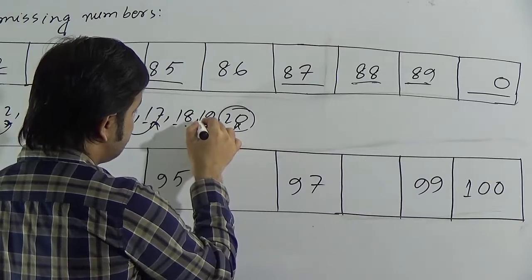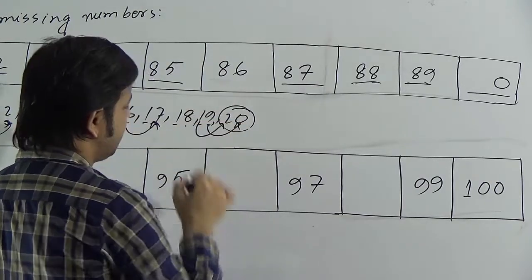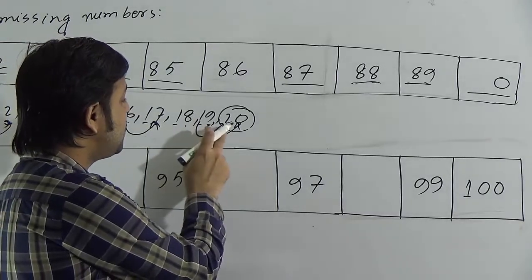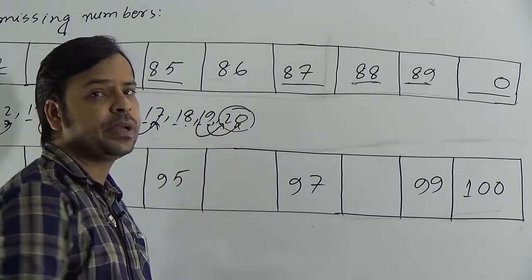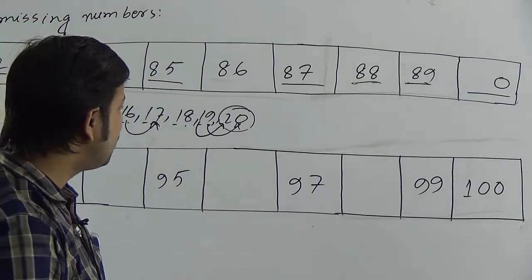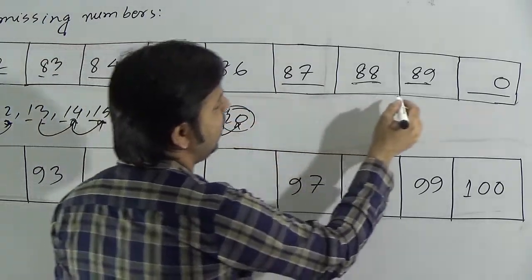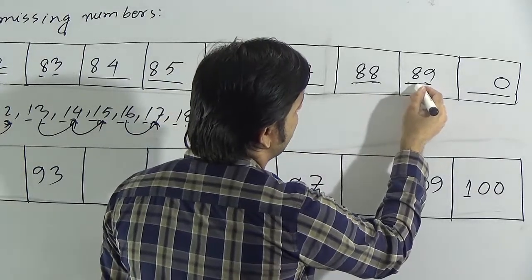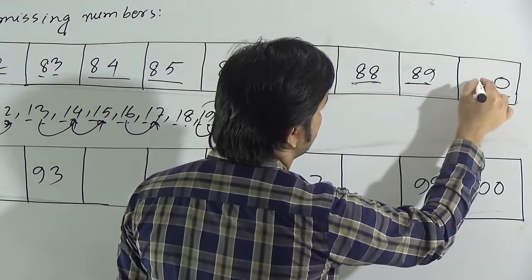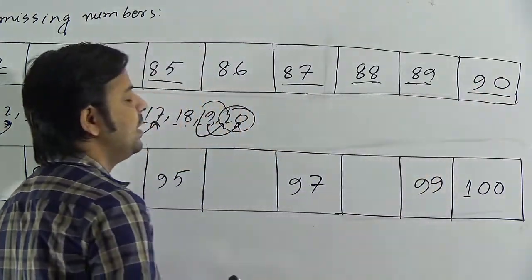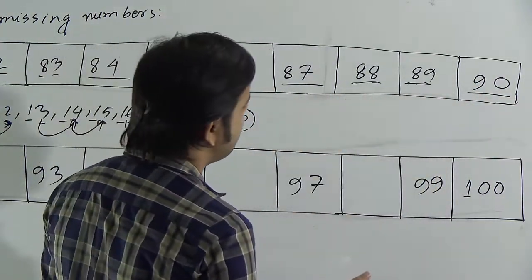Here 1 is in the tens position, but here 2 is in the tens position. It means the tens position is increased by 1. After 1 we get 2 in the tens position. So after 8 we get 9 in the tens position, as the one's position is 0.